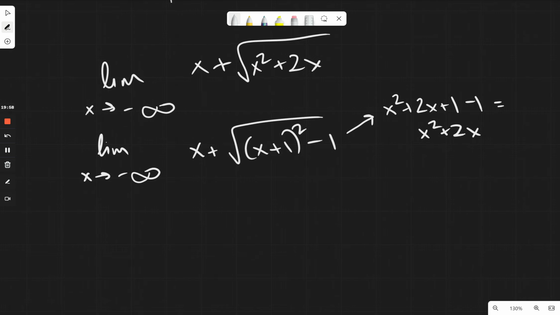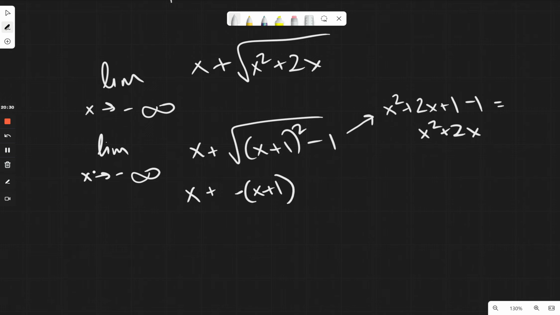And now this 1 is really insignificant as x goes to negative infinity. So now we can really just take the square root of this whole thing squared, when this 1 is insignificant, and it becomes x plus the negative square root, because x is going to negative infinity, so negative (x plus 1).